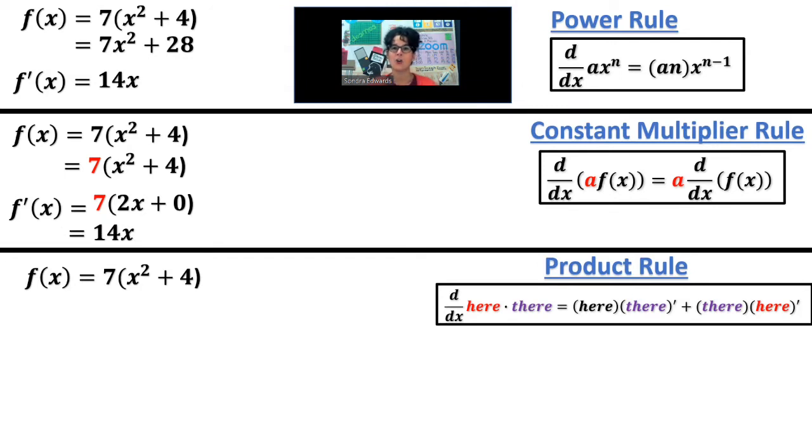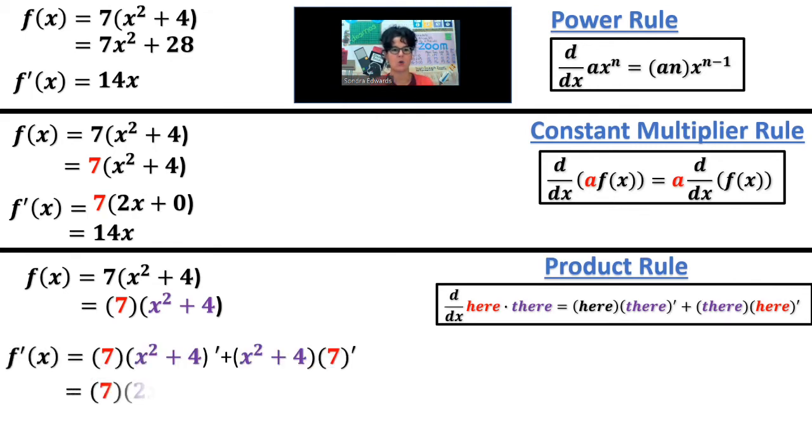Okay, then our new rule, the product rule. I'm just rewriting it here to emphasize that the 7 is like the here, and the x squared plus 4 is like the there. So we're going to take the 7 times the derivative of x squared plus 4 plus x squared plus 4 times the derivative of 7.